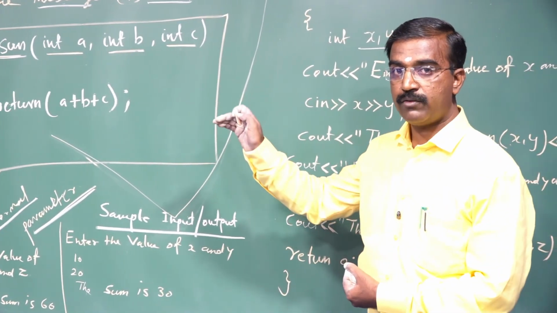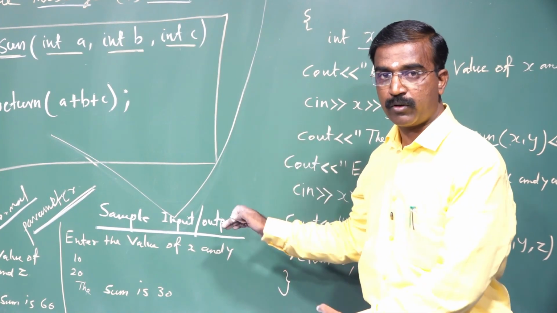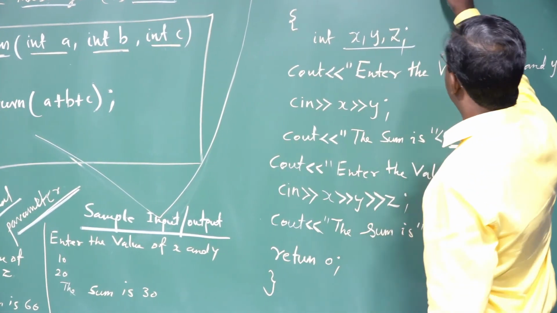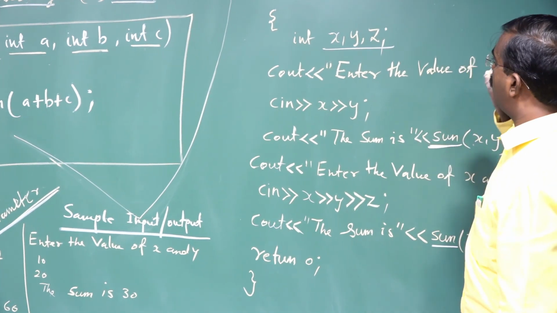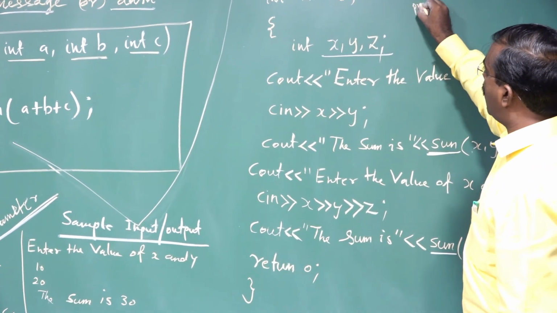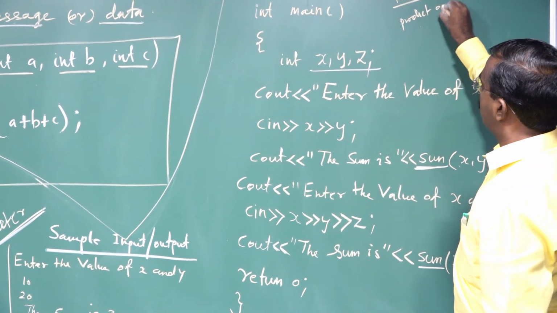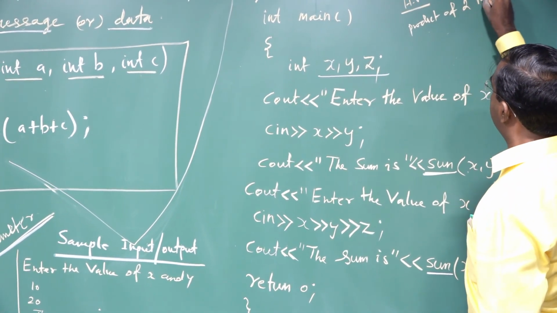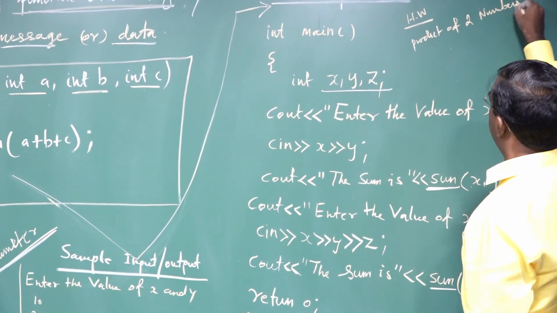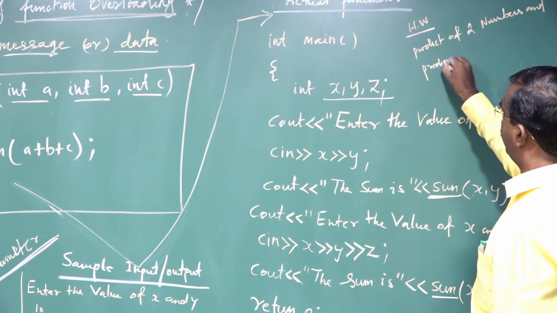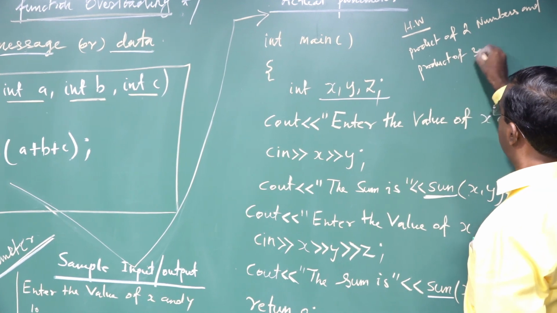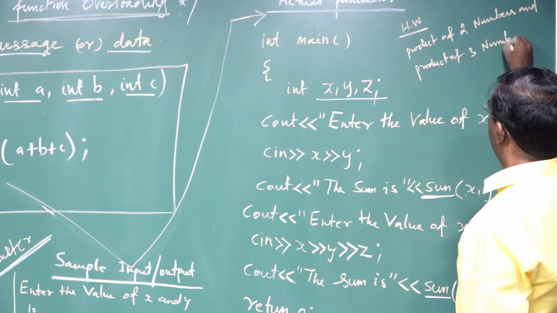Once you have to revise or read the program, and then a small homework I will give you. The homework is product of 2 numbers and product of 3 numbers.